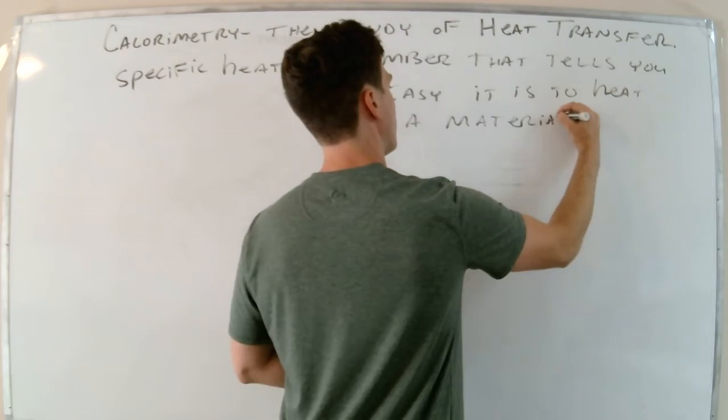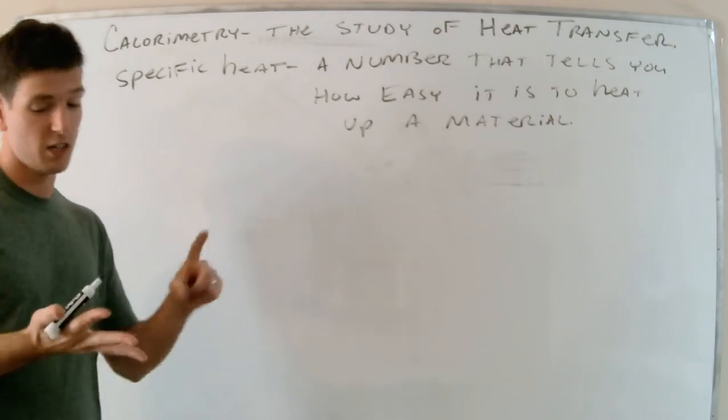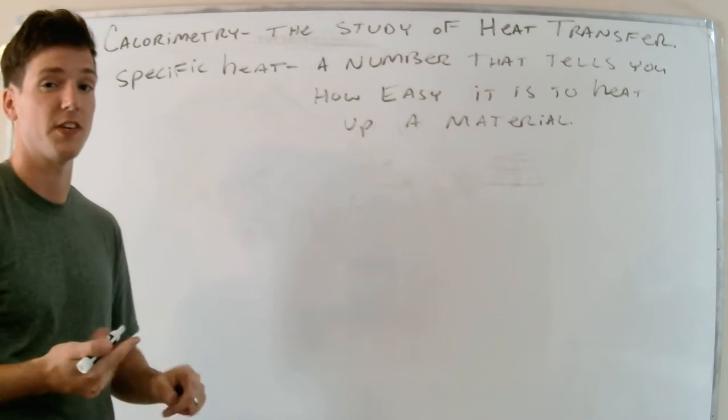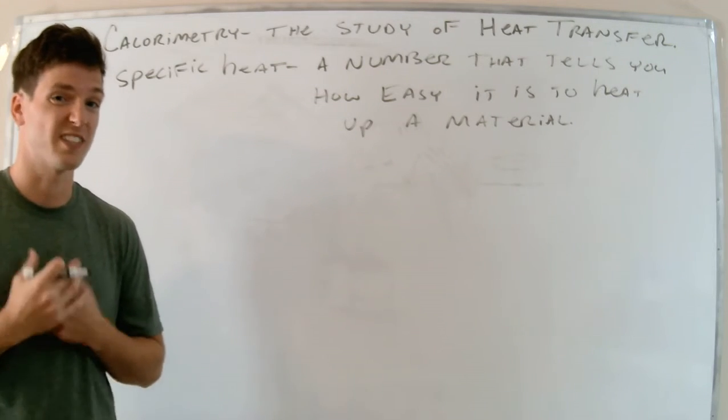Okay, so again, it's just a number, and water has a specific heat, aluminum has a specific heat, lead has a specific heat, and all that number does is it tells us how easy it is to get something hot.